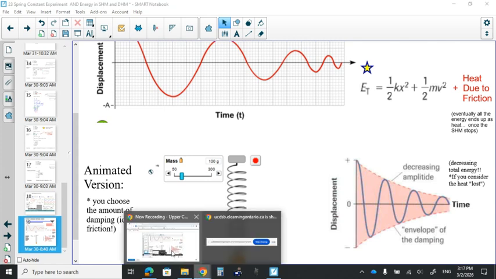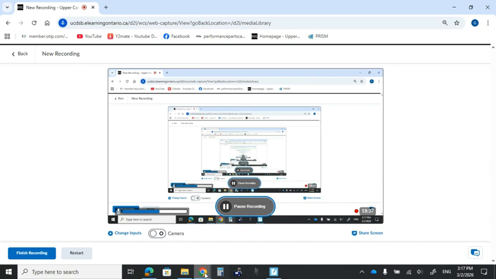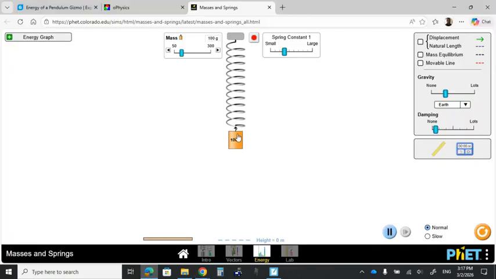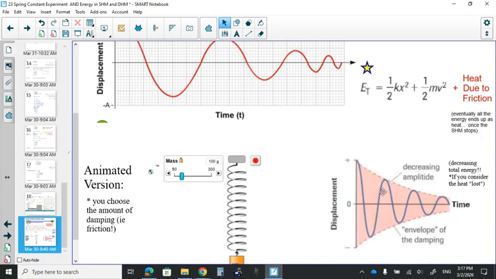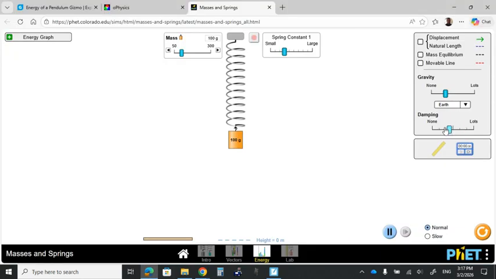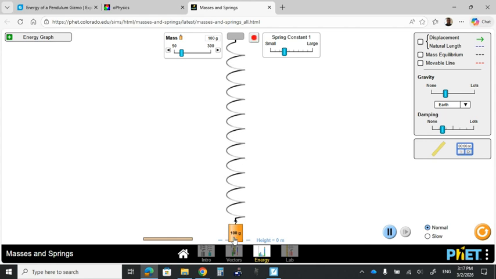So in this program, you can change that amount. If you make it a lot, give it a whole bunch of energy, and it dissipates away really quickly. So that would be this curve dropping off extremely quickly. And then if you had it at a medium value, it drops off fairly quickly, but takes a little bit of time.